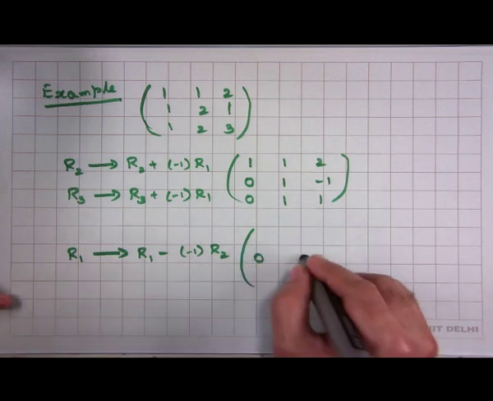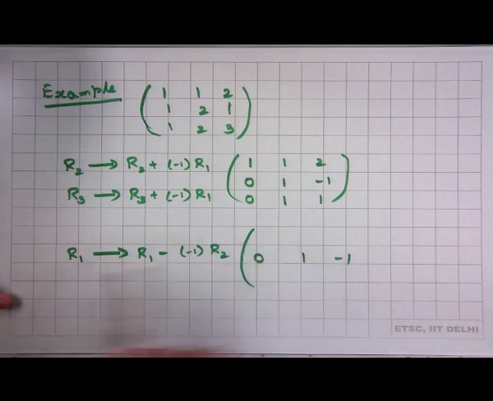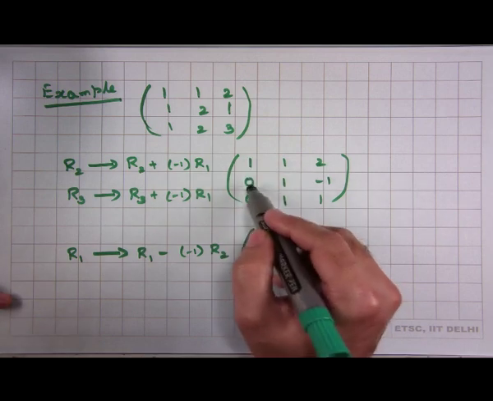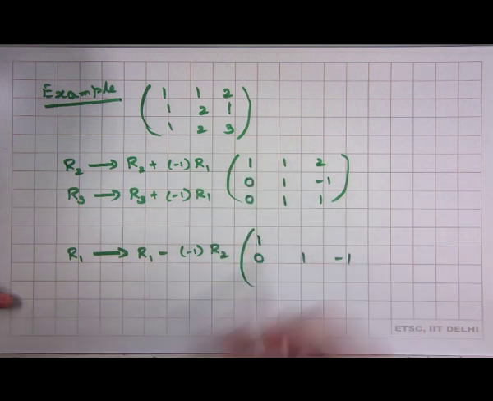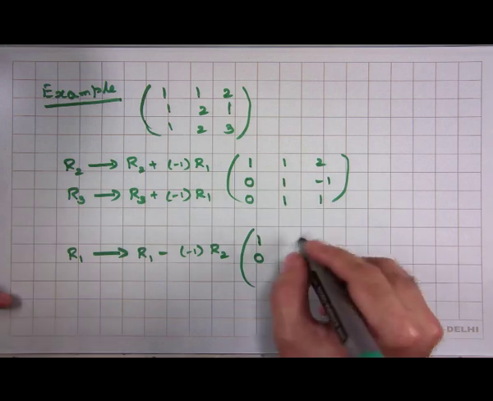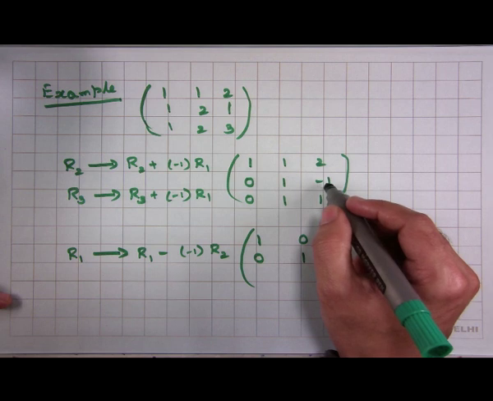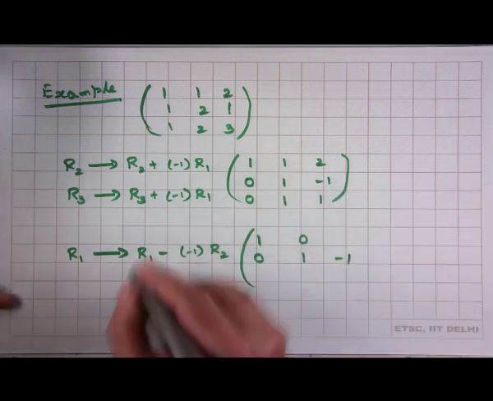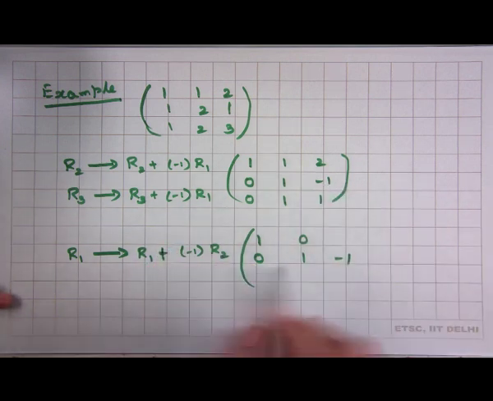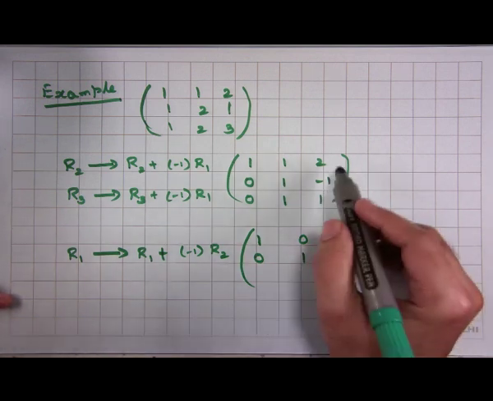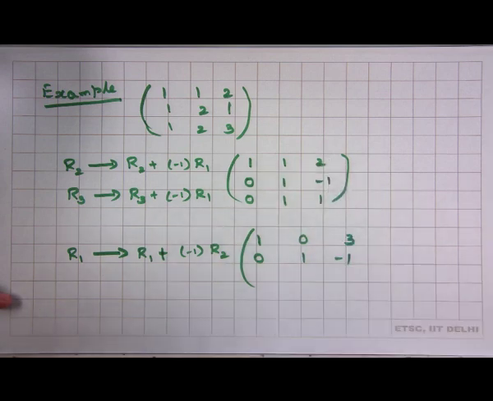So, I will have 0 1 minus 1 as it is. I am just converting R1: 1 minus minus 1 into 0, so I will have 1. 1 minus minus 1 into 1 which is 0, 2 minus minus 1 into minus 1 which is 1. Oh, I will have to write it as plus, sorry, it should be plus, right. So, 2 plus 1 which is 3, yeah.